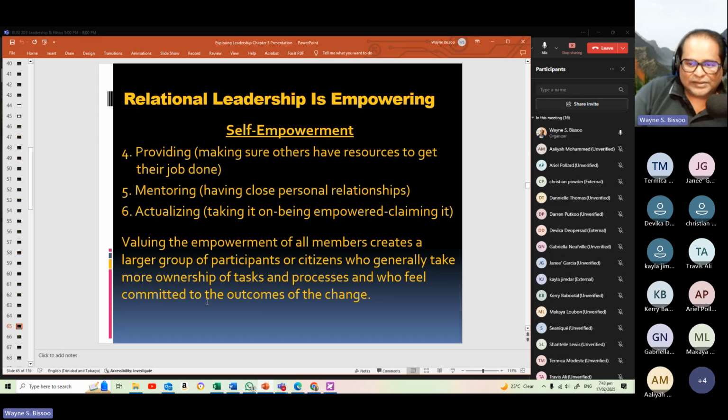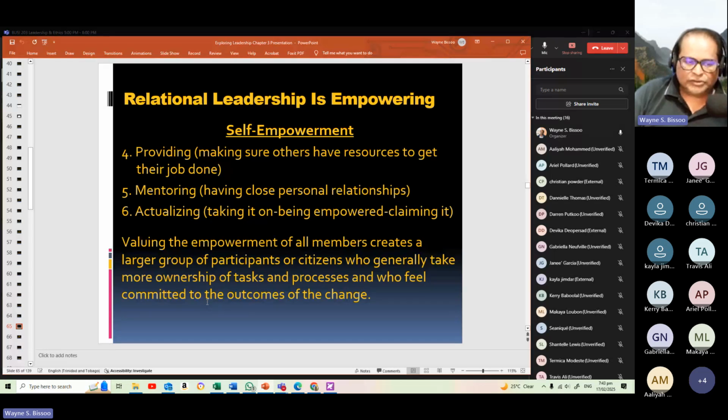Provide the resources necessary to the people around you. If you are the person that is responsible for empowering others, make sure that you share that. And when you arrive in those positions where you're not quite at the top, but you're also helping to bring people under you into that situation, make sure you are encouraging others to be empowered as well.